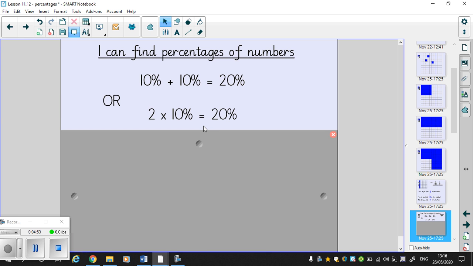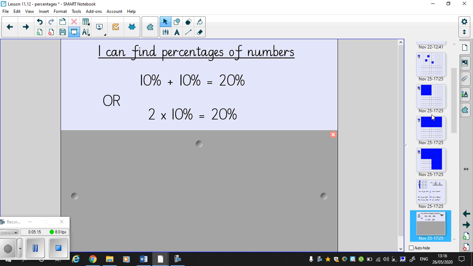In the same way, 30% is made up with 3 lots of 10%. So 10% and 10% and 10%. And we can either work out 10% and then add it together 3 times, or we can work out 10% and multiply it by 3.